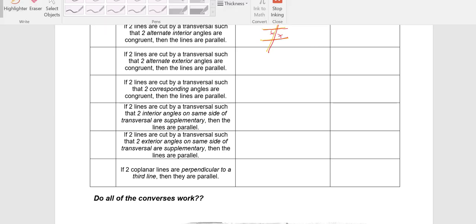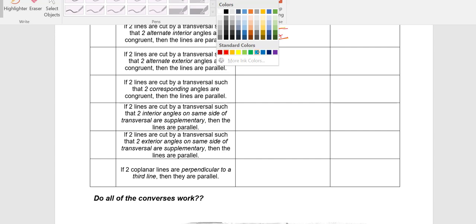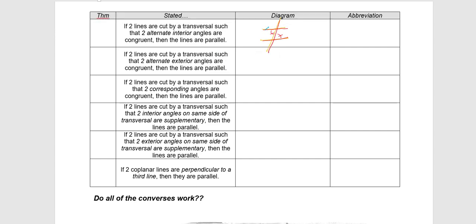If that's true, that means that these lines are parallel to each other. Okay, so the theorem is basically, if your alternate interior angles are congruent, so if the Z-shaped angles are congruent, then you have parallel lines.